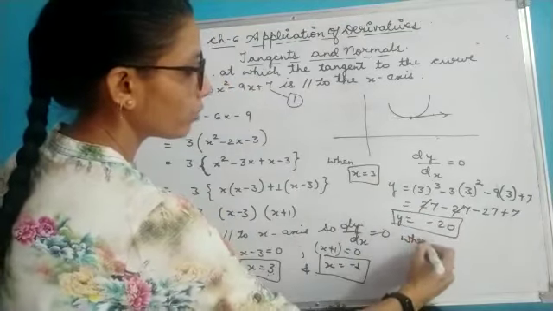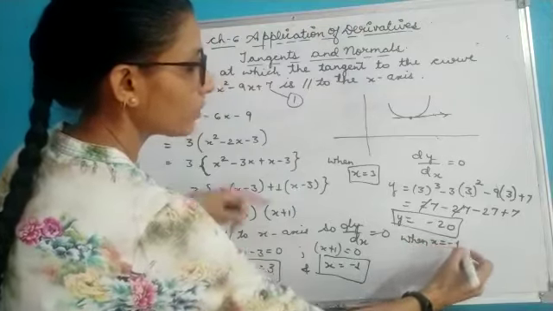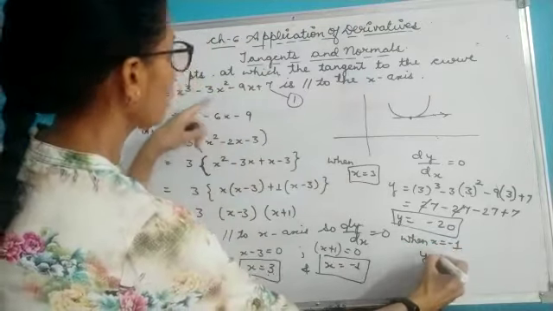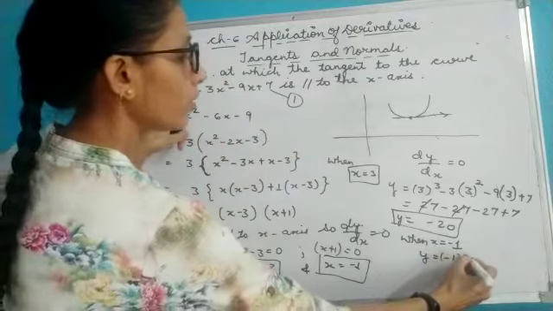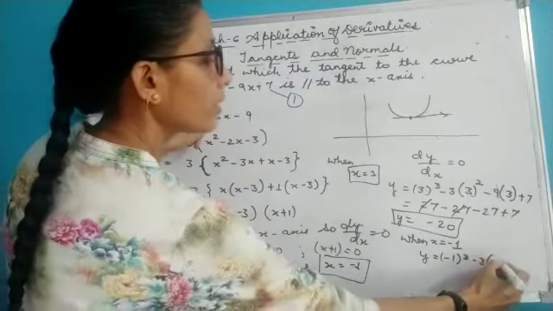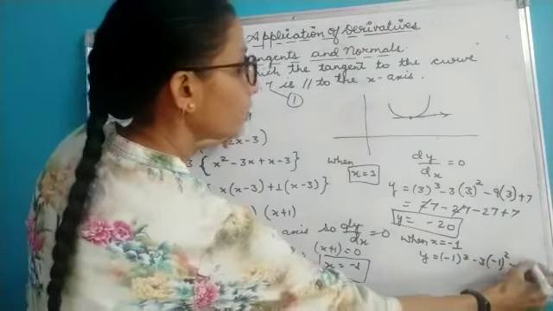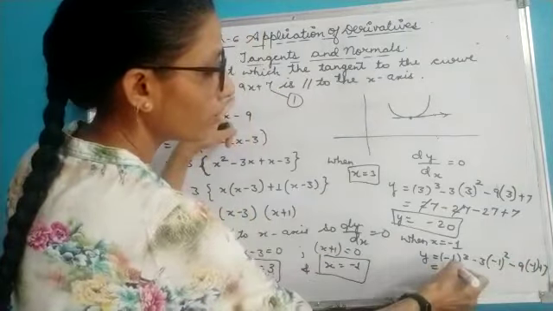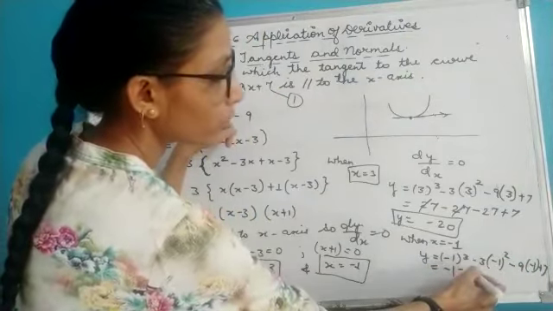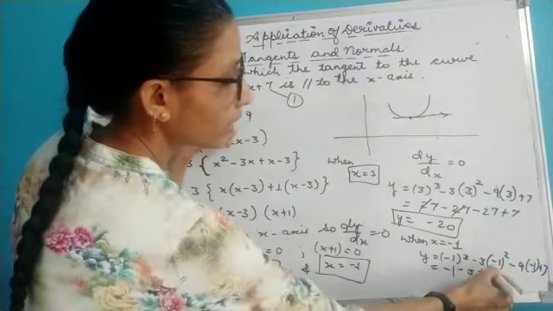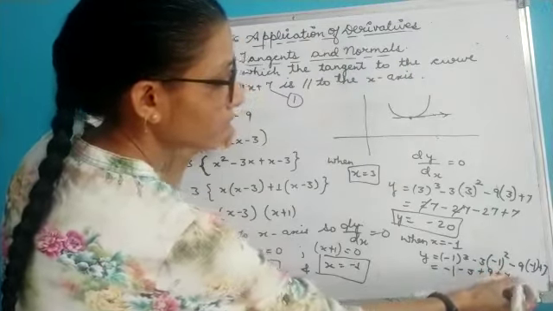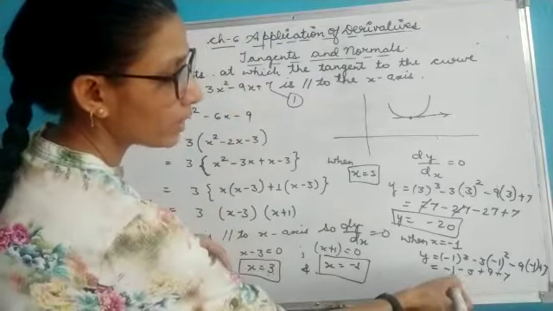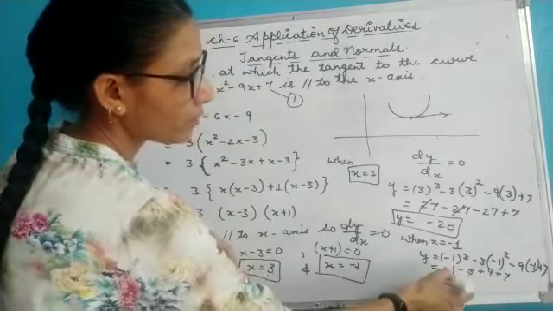When x is minus 1, what will be y? y will be minus 1 whole cube minus 3 into minus 1 whole square minus 9 into minus 1 plus 7. So this is minus 1 minus 3, this will be plus 9 and this will be plus 7. So I'll get minus 4, plus 5 and 12.